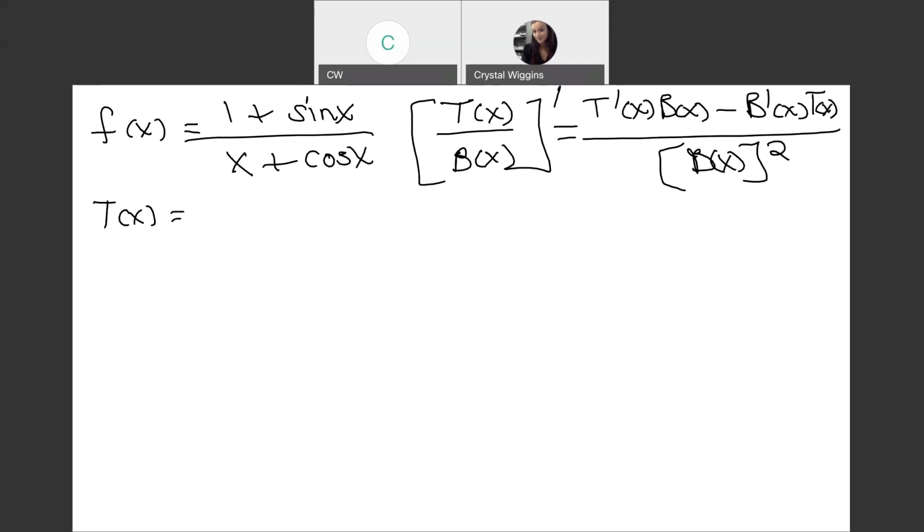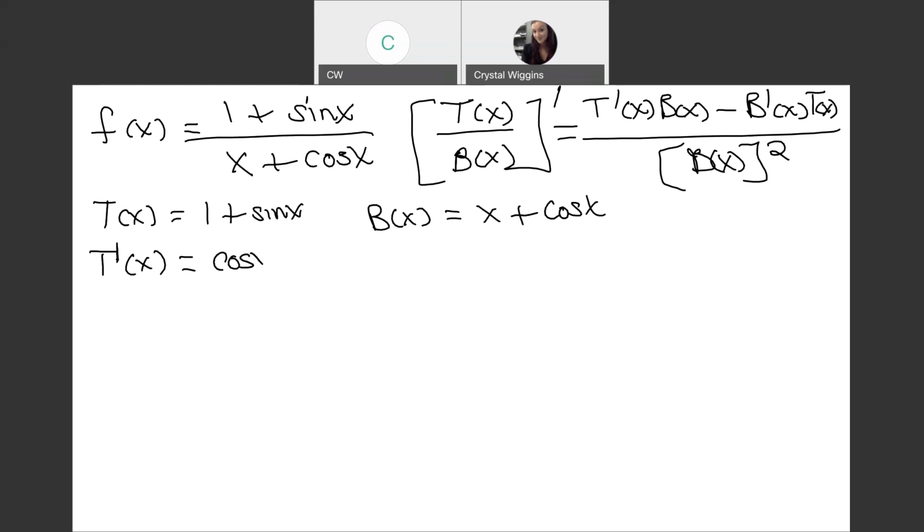My top function is 1 plus sine of x, and my bottom function is x plus cosine of x. The derivative of my top, well, the derivative of 1 is just 0, and the derivative of sine is cosine. The derivative of my bottom, the derivative of x is 1, and the derivative of cosine is negative sine. So I'm going to change that plus to a negative.